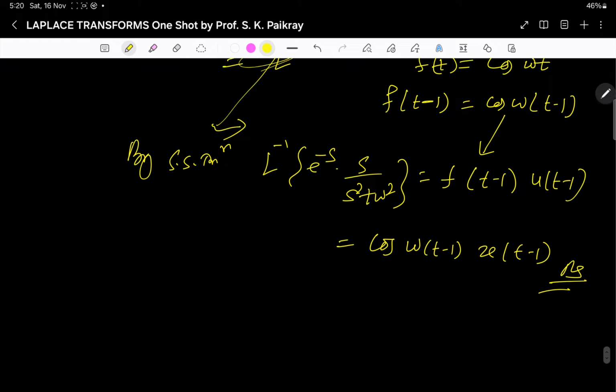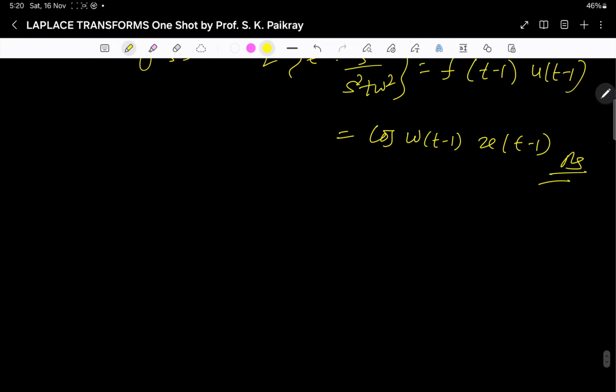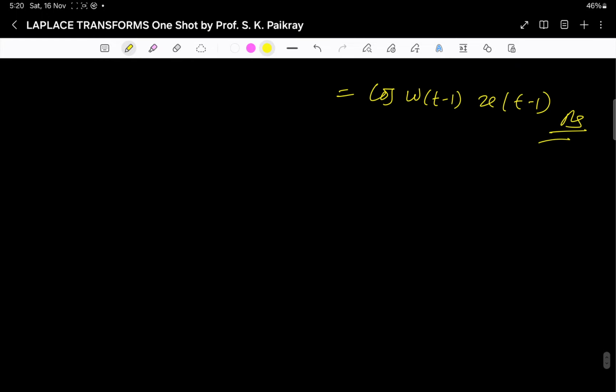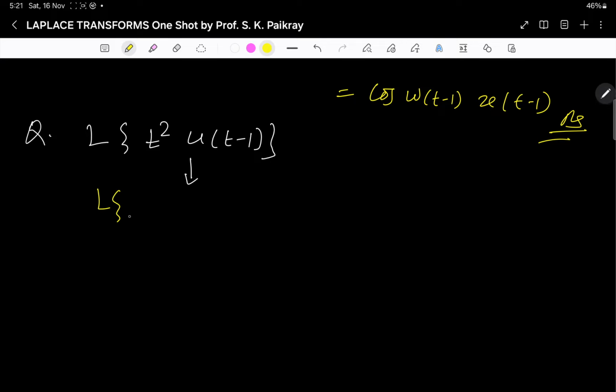Now I apply this second shifting theorem to find the Laplace transform of certain functions. What is the formula here? Suppose you know L of f(t minus a) u(t minus a) is e to the power minus as into F(s), right?